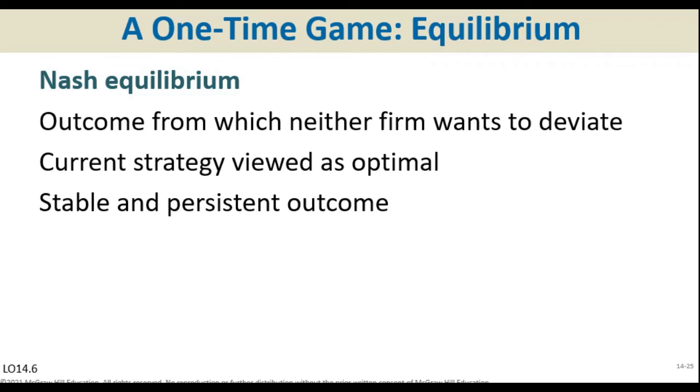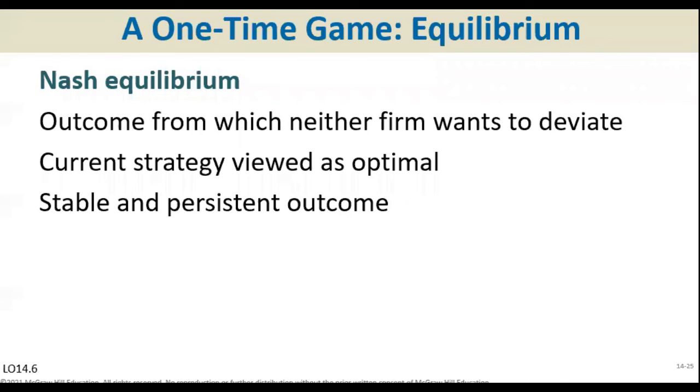The Nash equilibrium is described as where rivals see their respective current strategy as the optimal choice, given the other firm's strategy.